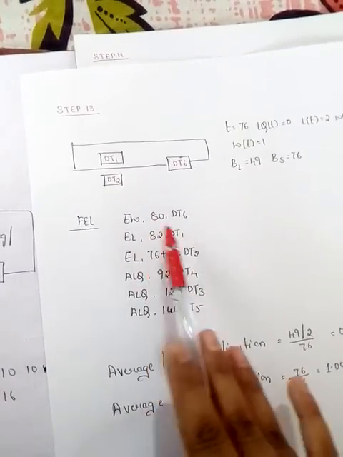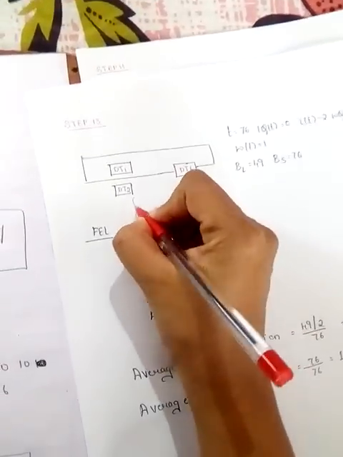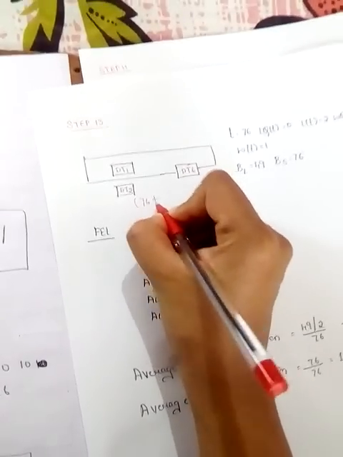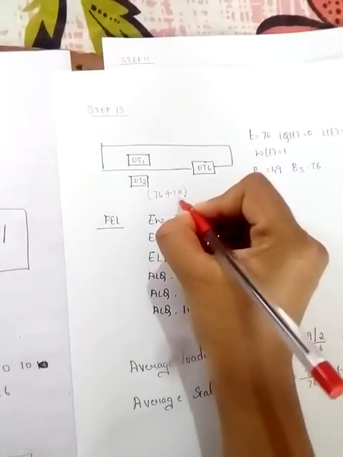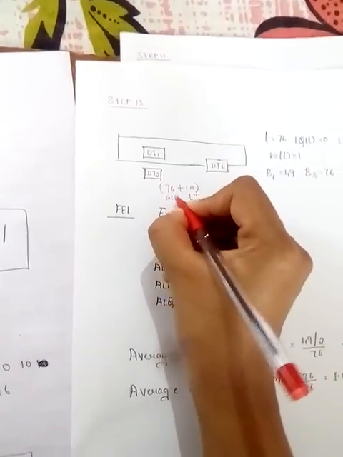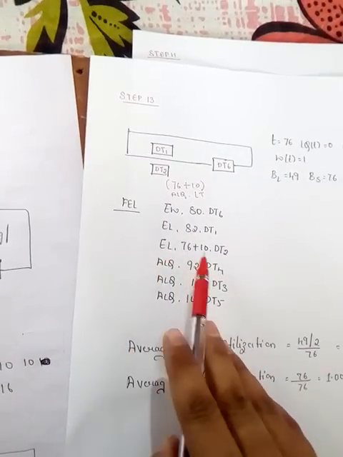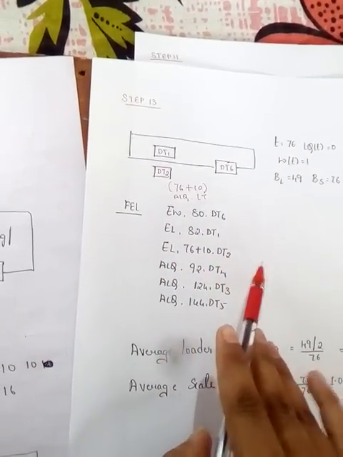So EW comma 80 comma DT6. The DT2 value will be 76 plus 10. 10 is your loading time and this is your ALQ value. So EL comma 76 plus 10, DT2.